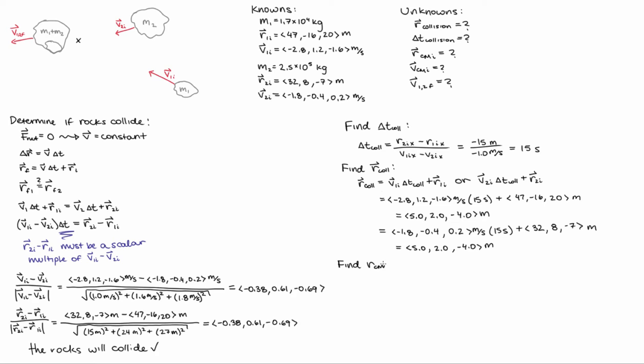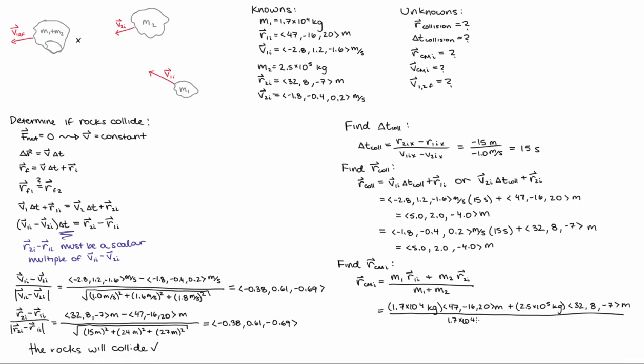Next, we will find the initial position of the center of mass. The initial position of the center of mass is given by m1 r1 initial plus m2 r2 initial over m1 plus m2. This is 1.7 times 10 to the 4th kilograms times 47, negative 16, 20 meters plus 2.5 times 10 to the 5th kilograms times 32, 8, negative 7 meters, all over 1.7 times 10 to the 4th kilograms plus 2.5 times 10 to the 5th kilograms.